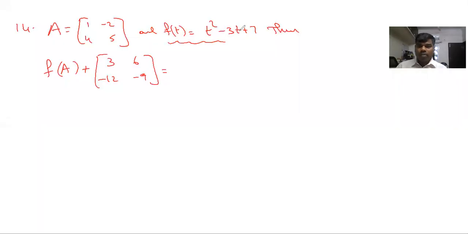F of t equal to this. Usually suppose in this calculation, f of 5 comes, then we write 5 square minus 3 into 5 plus 7. 7 will remain as 7. But when you substitute a matrix, it is A square minus 3A.